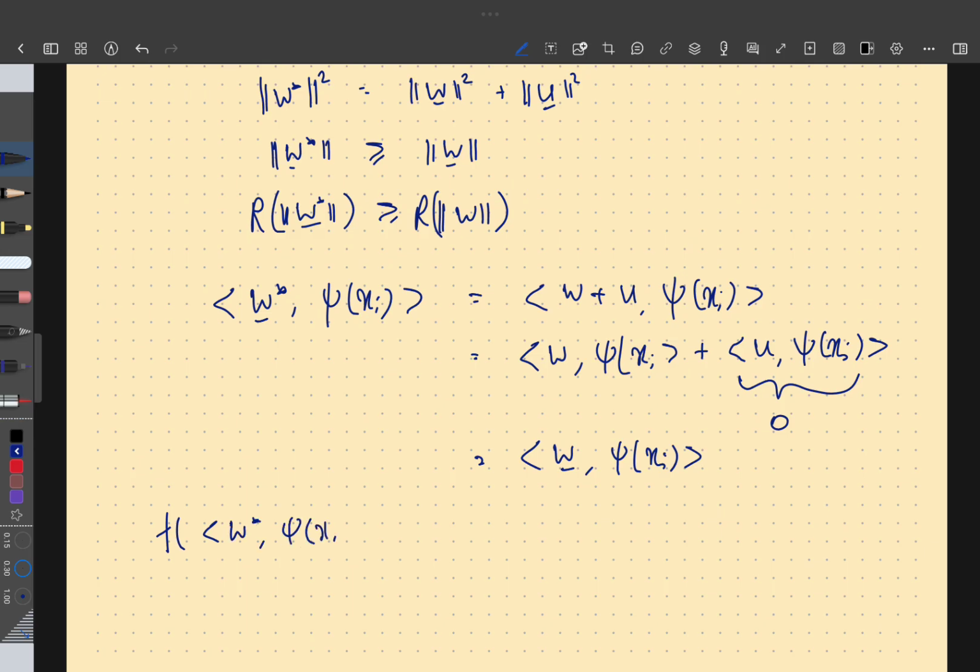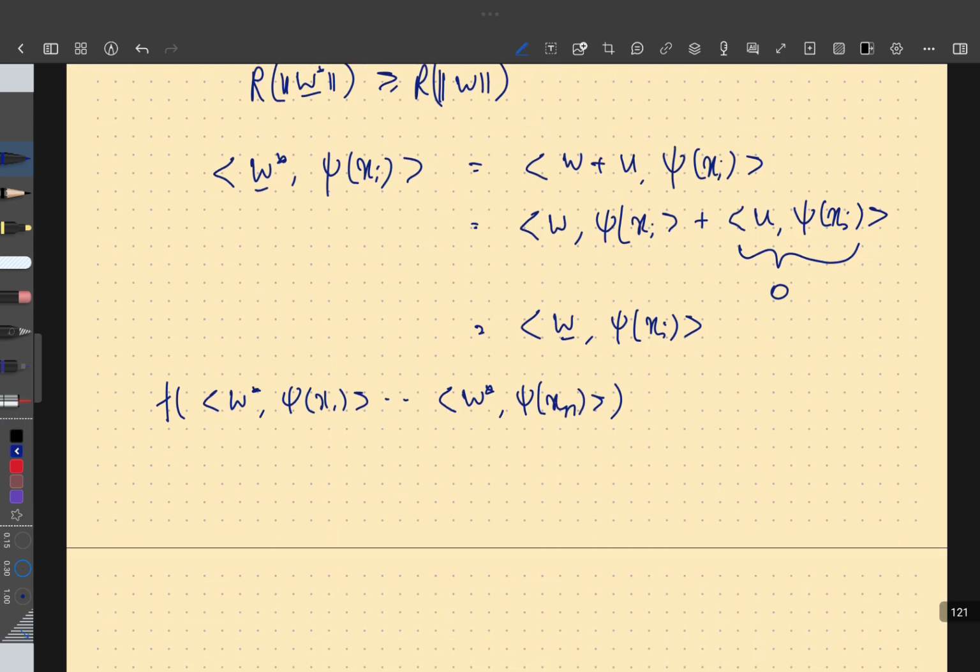So f of the inner products of W star with psi of x1 up to W star with psi of xn is equal to f of the inner products of W with psi of x1 up to W with psi of xn.